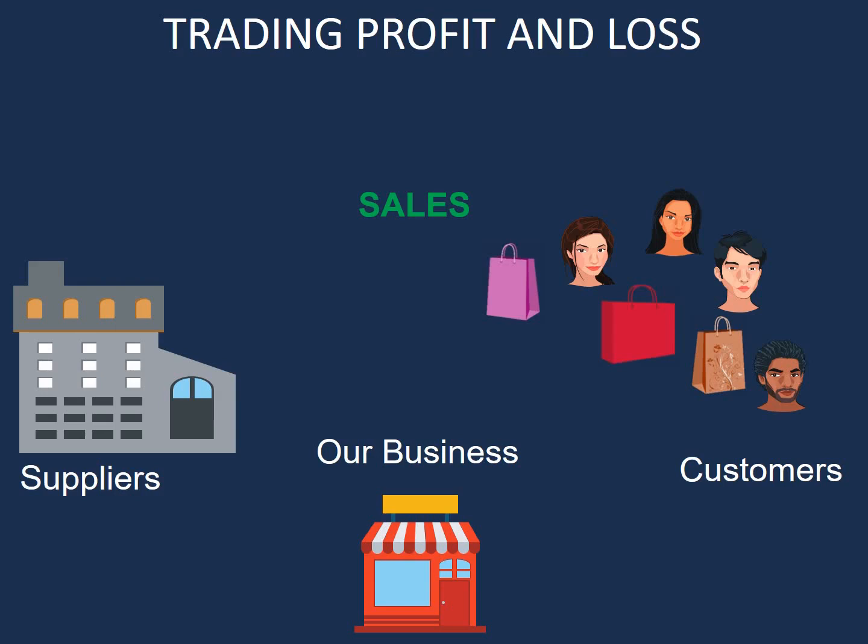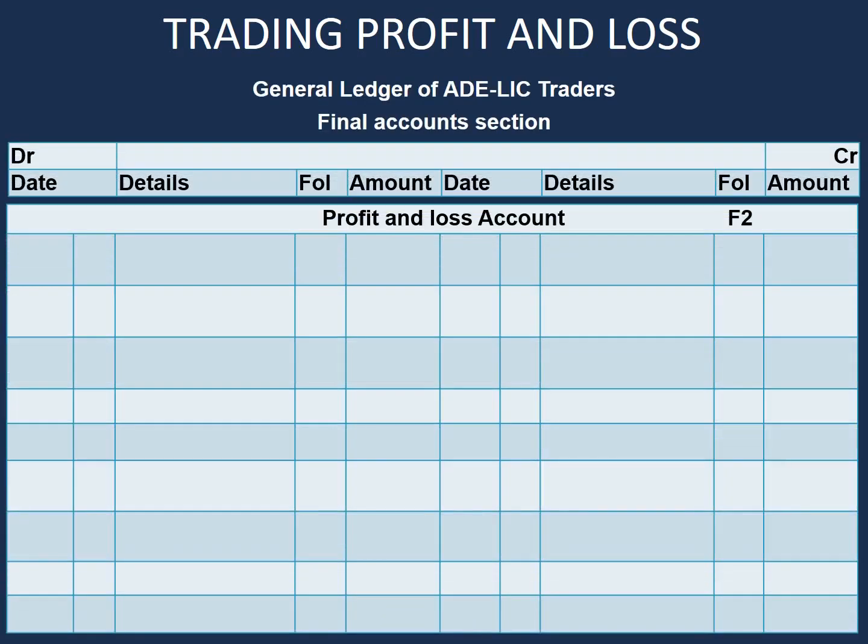Now let's move on to our profit and loss account. Now in our profit and loss account, we will record all other expenses on the debit side and all other income on the credit side. But we will open with our gross profit, which comes from our trading account.